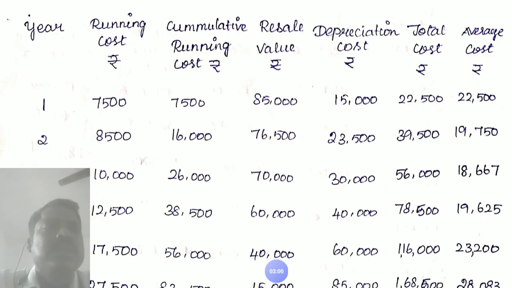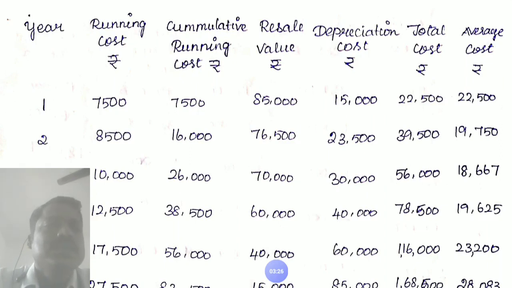Depreciation cost 15,000. Depreciation cost means the machine cost minus the resale value. Machine cost is 1 lakh and the resale value is 85,000. Therefore, depreciation cost is 1 lakh minus 85,000, equal to 15,000.